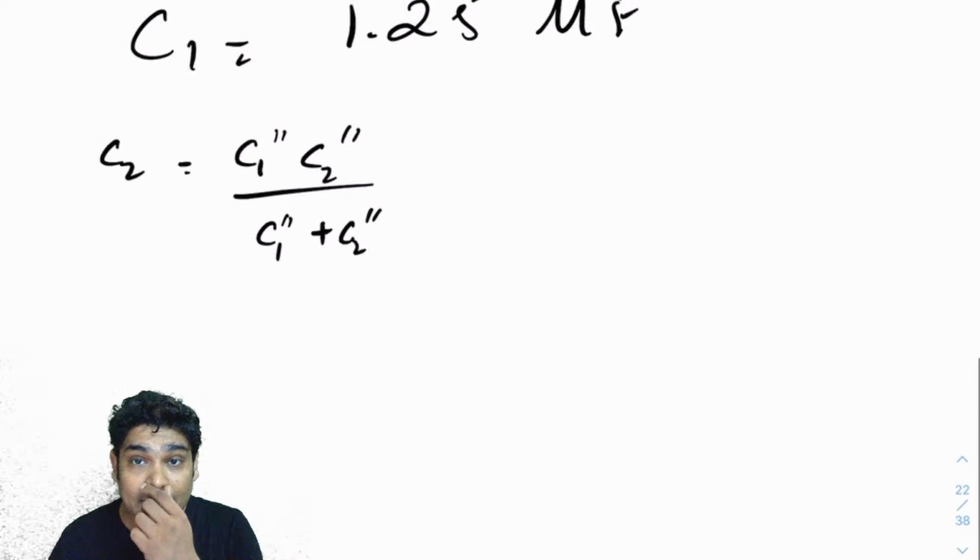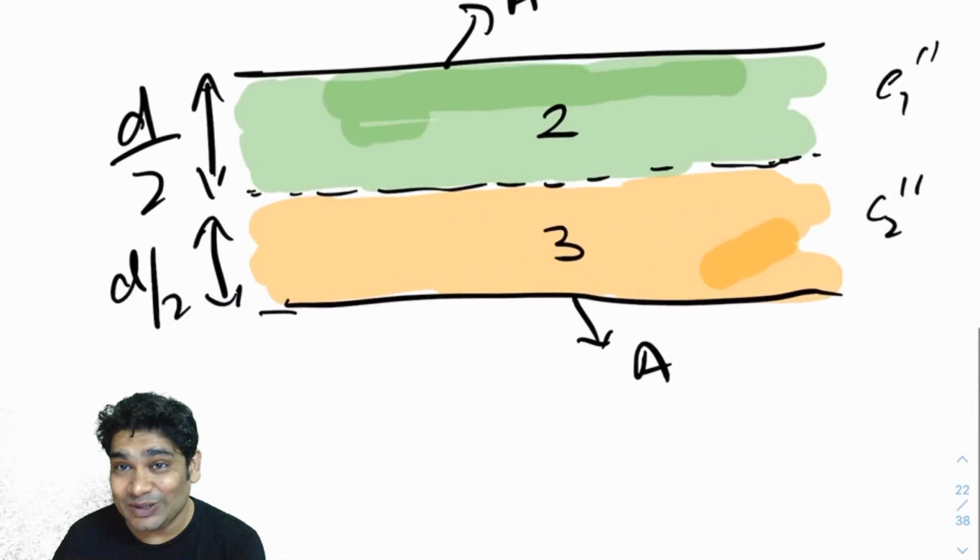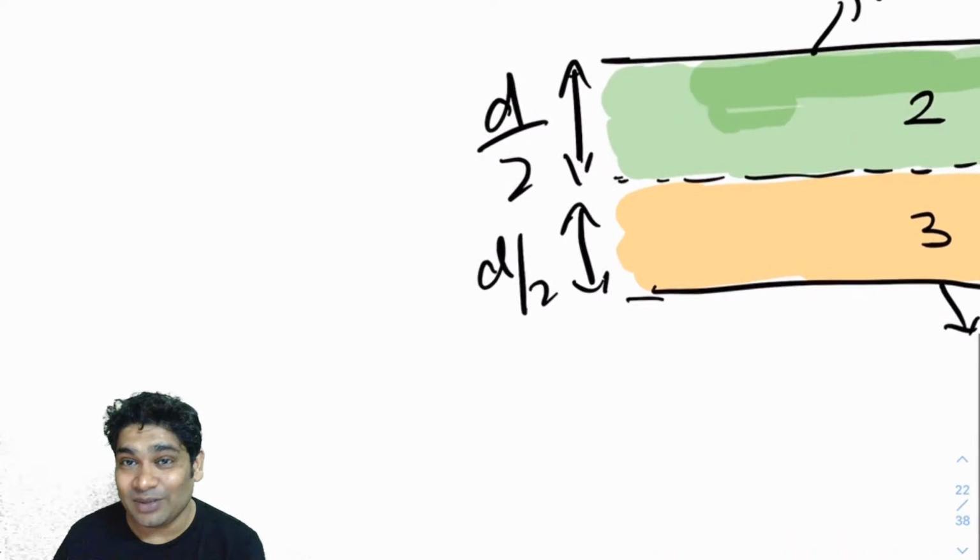This is the formula for series combination. Please remember this. Alright, now, how can I write these two, C1 double dash and C2 double dash?